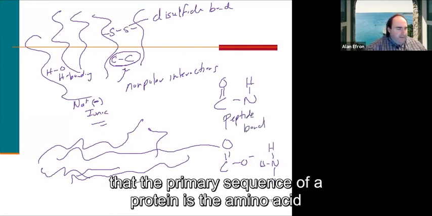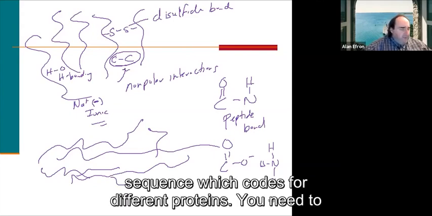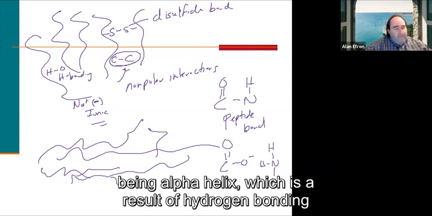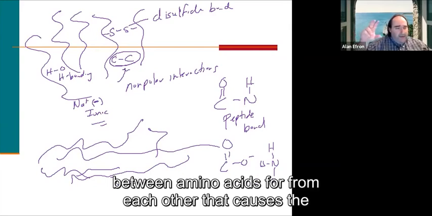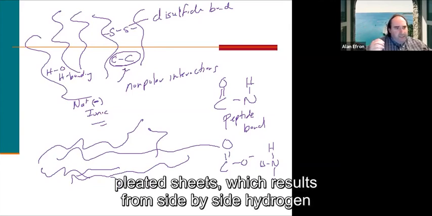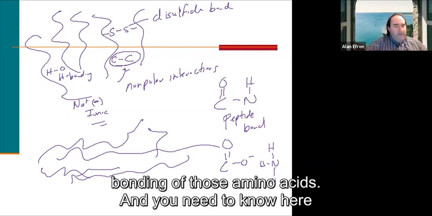You need to know that the primary sequence of a protein is the amino acid sequence, which codes for different proteins. You need to know the secondary structure of a protein as either alpha helix, which is a result of hydrogen bonding between amino acids 4 from each other that causes the curling, or beta pleated sheets, which result from side-by-side hydrogen bonding of those amino acids.